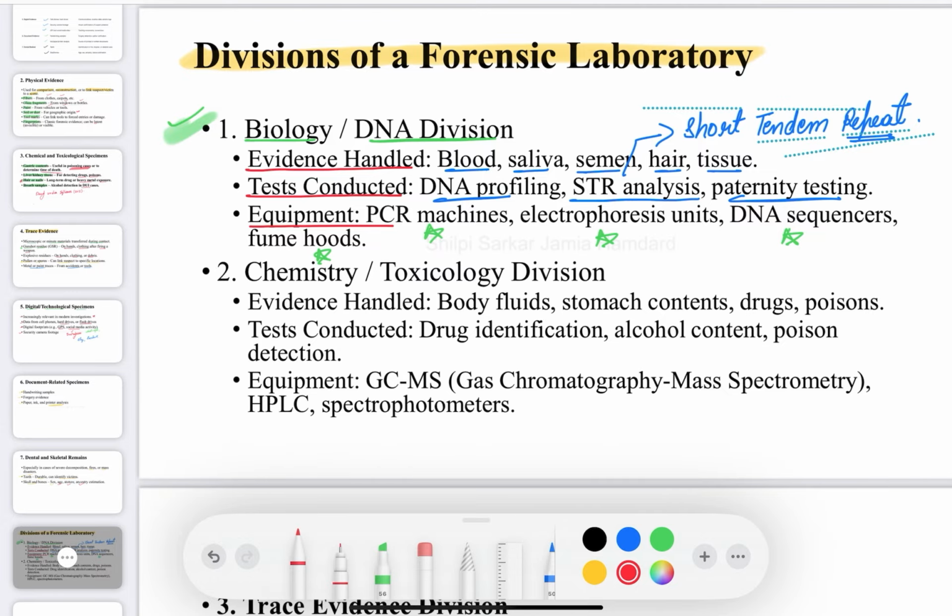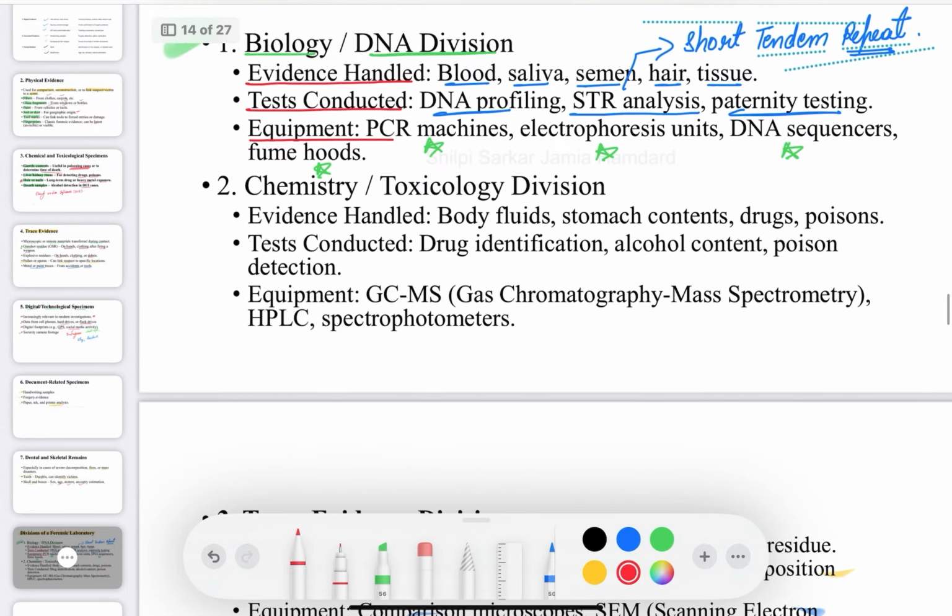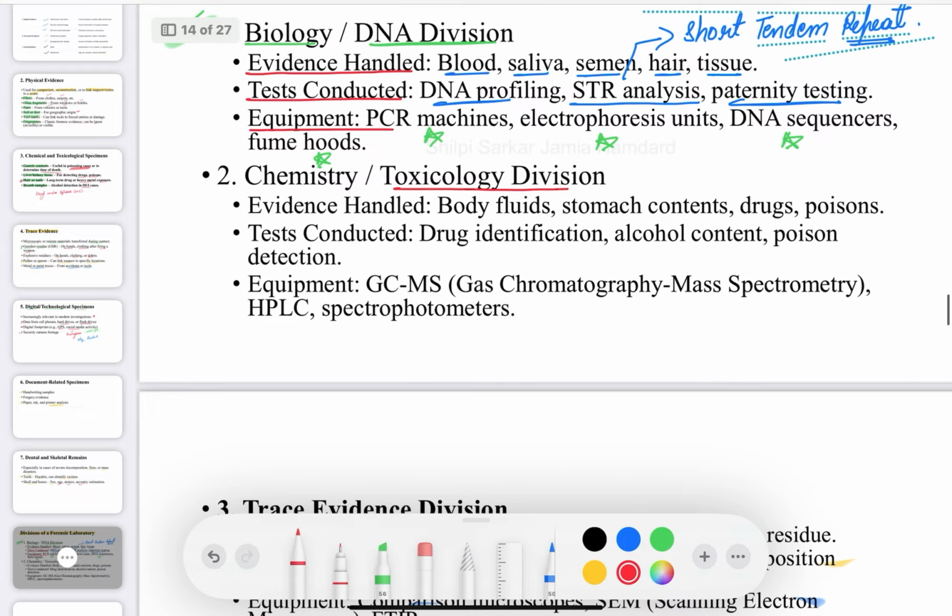Now we come to discussing the chemistry or toxicological division, which is most important in the forensic evidences, helpful in finding out the forensic evidences. What kind of evidence is handled in the toxicological division? Body fluids, stomach content, drugs, poisons, right?